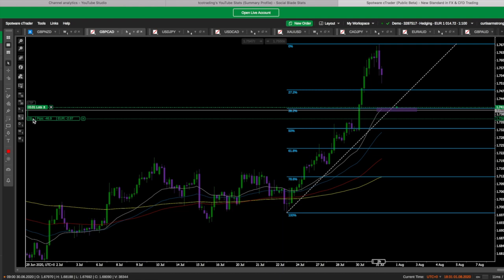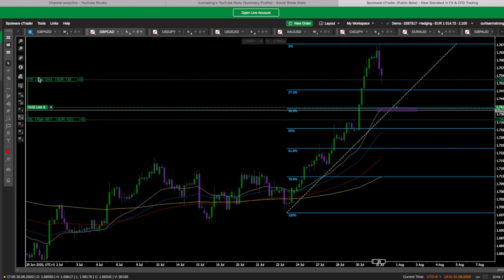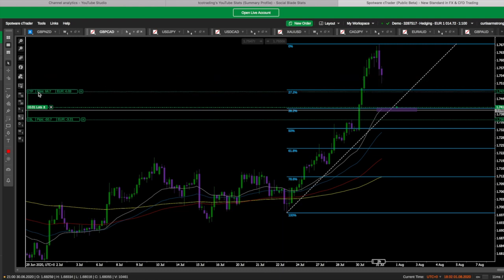This is the thing I like about this platform, guys. You can just drag your stop loss and your TP and eye up things with the chart. So in this case, I will go with a 50 pip stop loss, and TP1 would be 50 pips, and then TP2 would be 100.